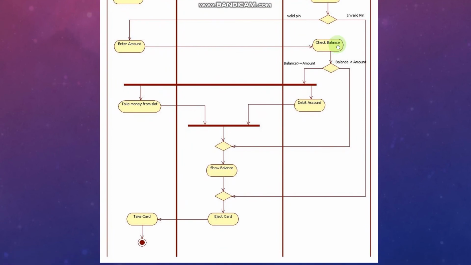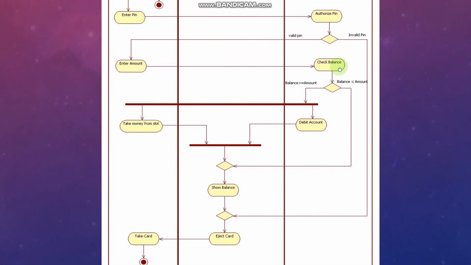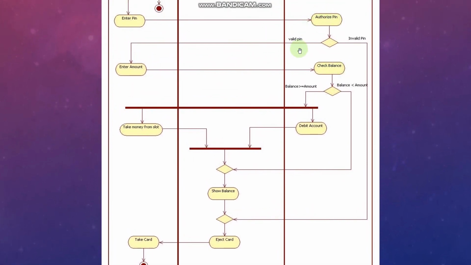And once again, taking the conditions in the scenario, we use the decision diamond. If a valid PIN is received, then the user is allowed further transactions.